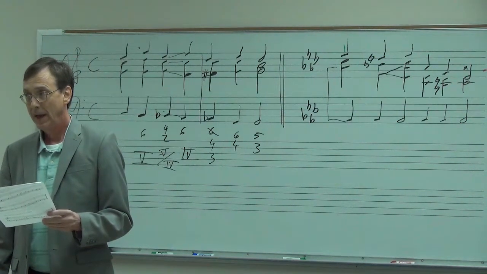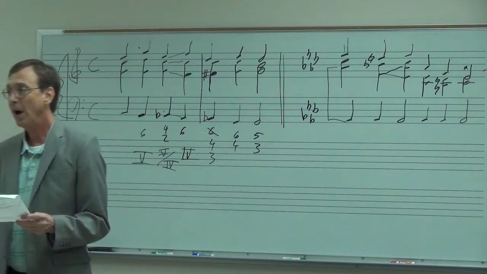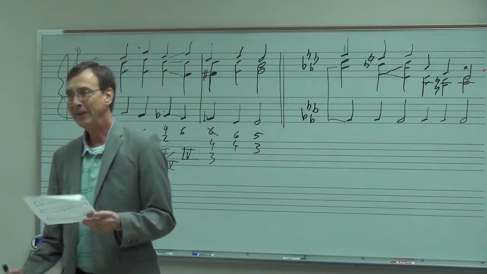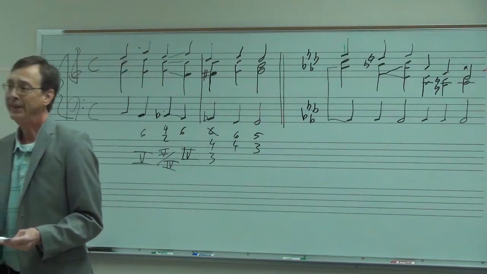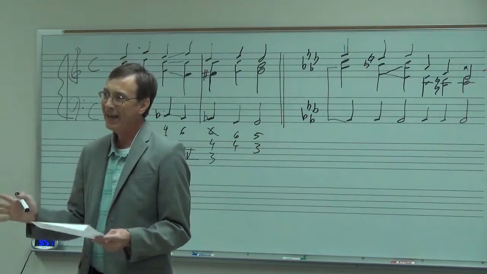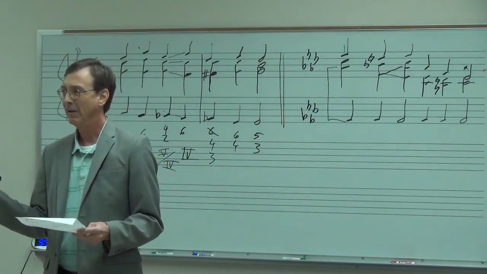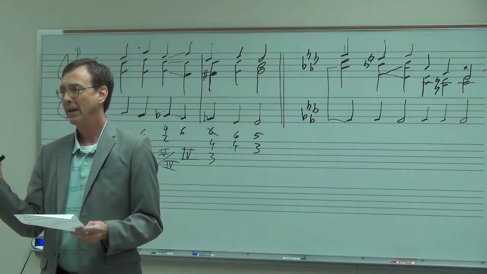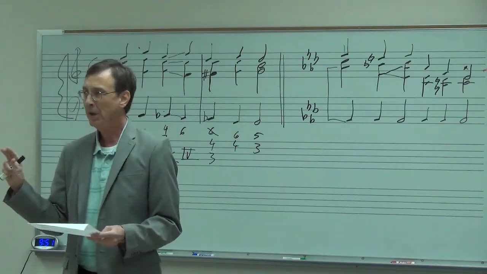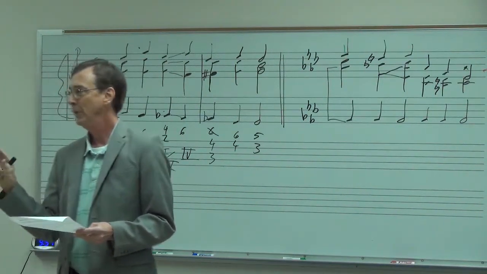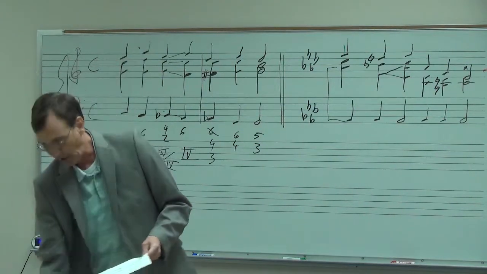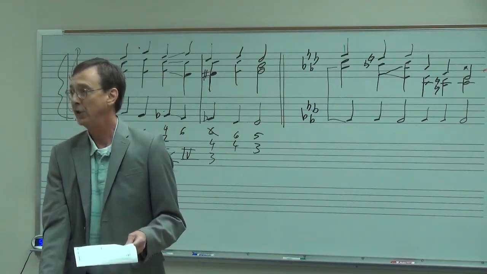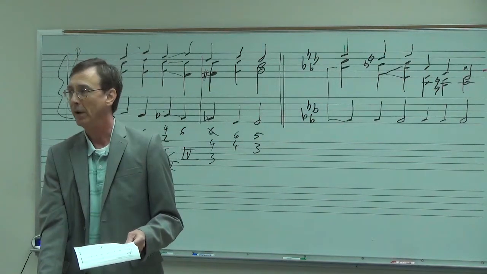Okay. The thing about 5 to 1 is it's not the same as 5/7 to 1. The difference between 5 and 5/7 is the tritone. And the tritone drives all of that. It really drives all of tonal music after some date, when it changed to the tritone being important.